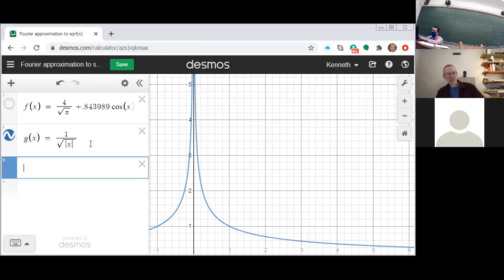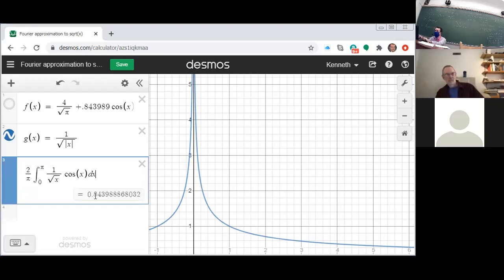You would be doing something like 1 over pi, except maybe 2 over pi, you'd integrate from 0 to pi, 1 over square root x, cosine x, dx, and then 8.843988. So you see I've truncated it a little bit, but you're seeing how I'm getting these for sure.